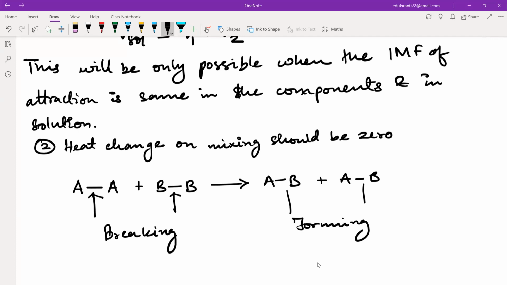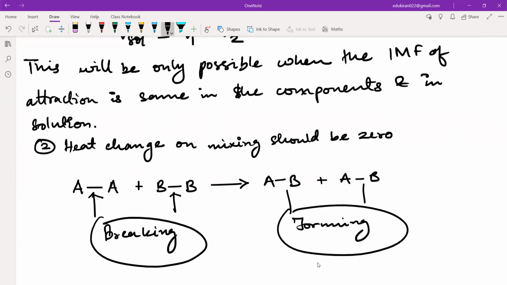Now, if the force of attraction is equal in all these cases, then what is going to happen? The amount of energy that is required in breaking will be equal to the amount of energy released in forming. Let us say the delta H of breaking is equal to delta H of forming, that means the enthalpy of breaking and enthalpy of forming is equal, then the delta H will be equal to what?